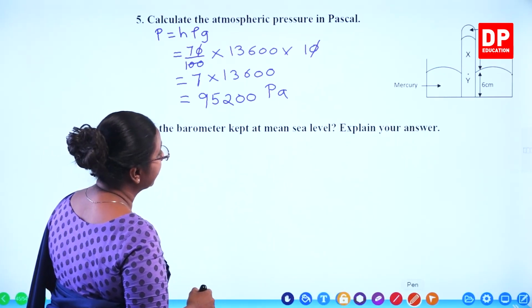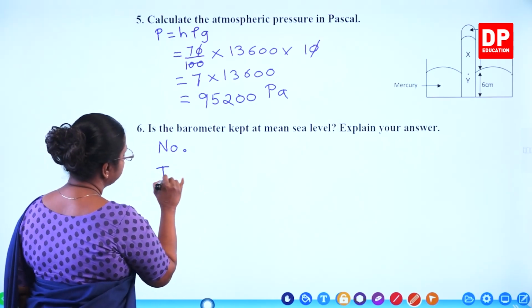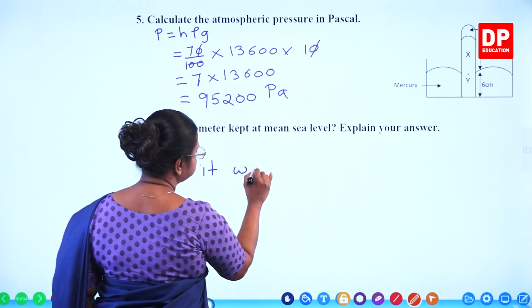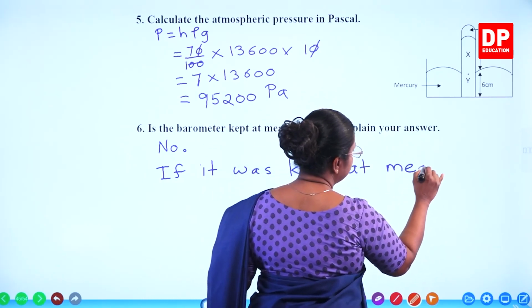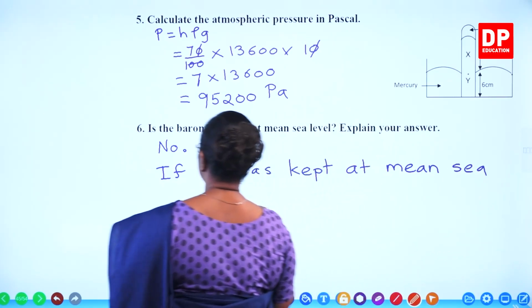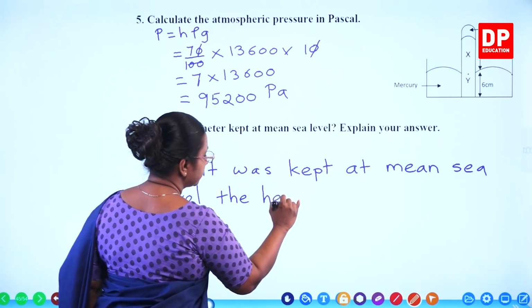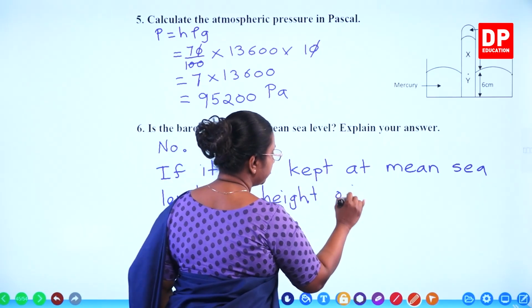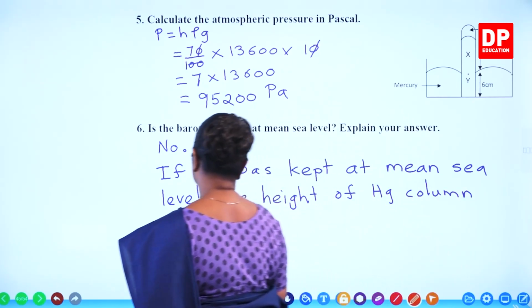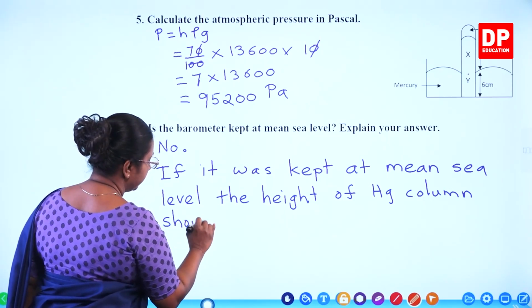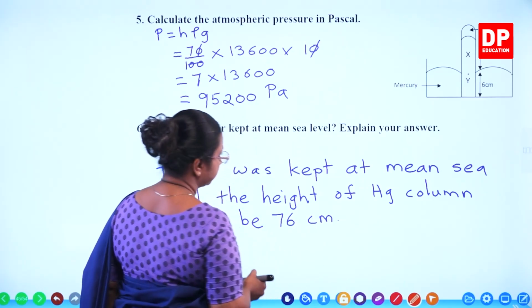Is the barometer kept at mean sea level? No. So, why? If it was kept at mean sea level, the height of mercury column should be 76 centimeters.